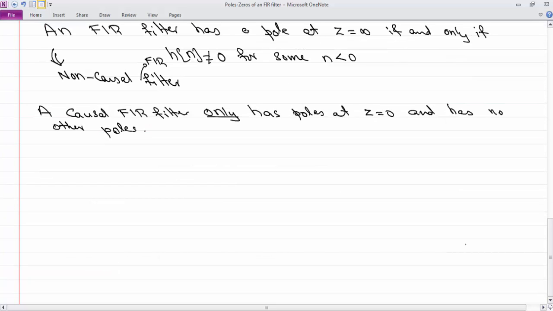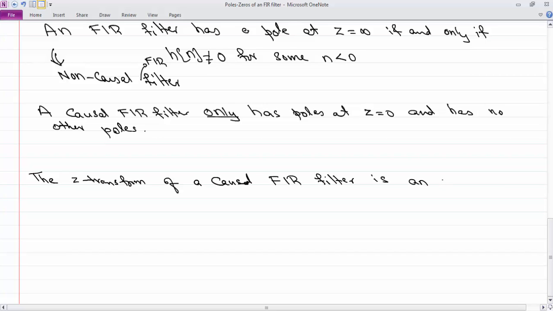So now we can just write down the general expression for an FIR filter Z transform. The Z transform of a causal FIR filter is an mth degree polynomial in z to the minus 1.